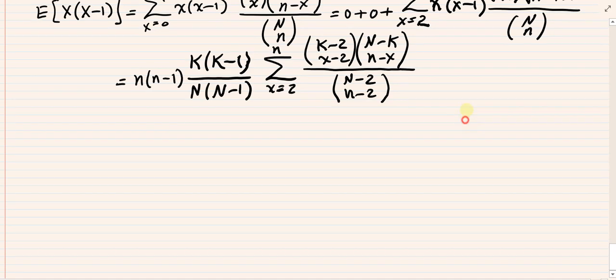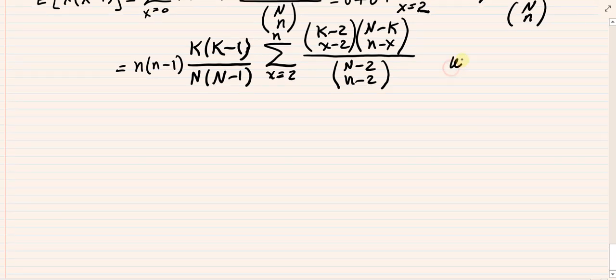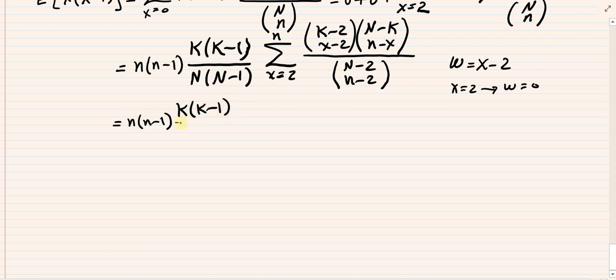Okay. Now introducing the variable, if I let w this time be x minus 2. So when x equals 2, that implies w is 0, right? So this is gonna become n minus 1, k minus 1 all over n minus 1 times the sum.